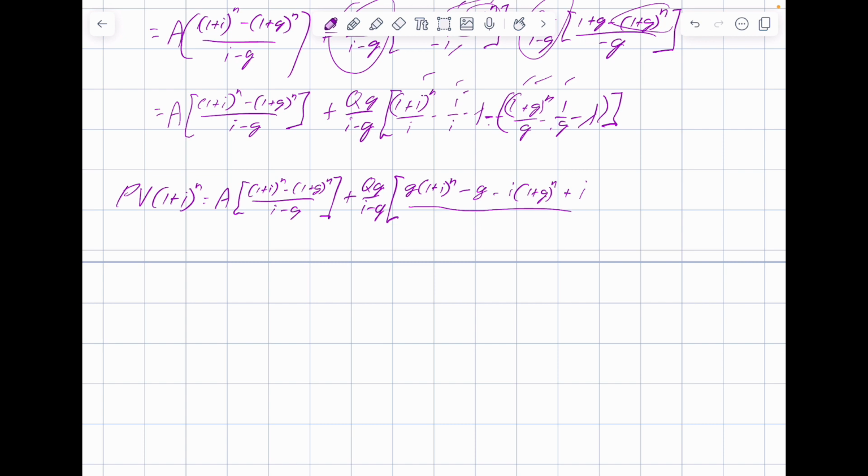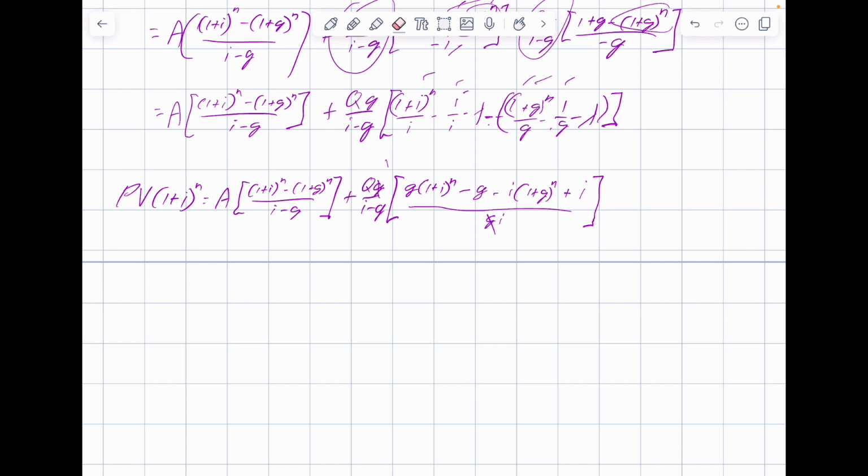So g will cancel out. We're left with g I, the denominator, times this on the numerator. Then we can cancel out the g's here. Notice that if we zero out this g term here and do a little algebra, we're left with the present value of a withdrawal annuity formula as expected, that we saw at the beginning of the video.